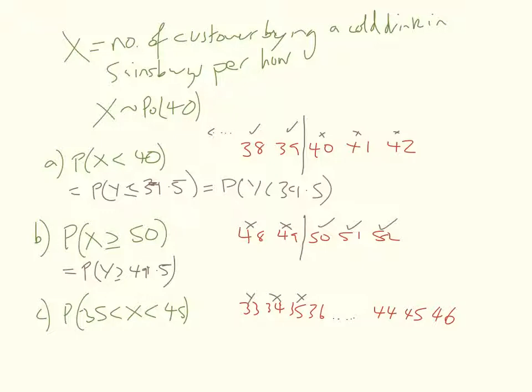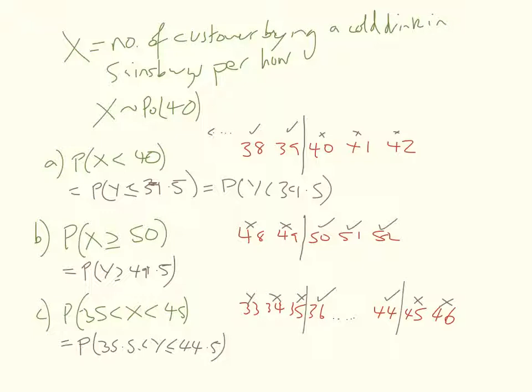We don't want any of those numbers, but we want 36. And X is less than 45, so we want 44, but we don't want 45 or 46. So when we're doing our continuity corrections, we're going to find that it's the same as the probability that Y is in between 35.5 and 44.5.